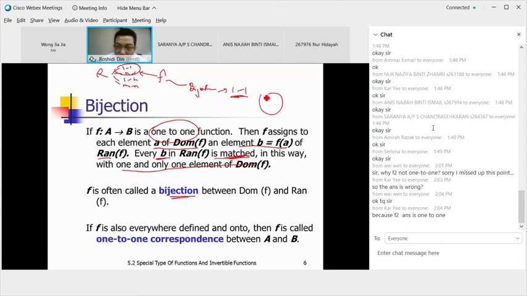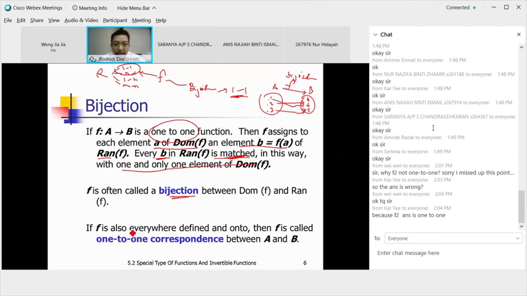For example, we have A here and B here. If here we have 1, 2, 3, here must also have 3 elements, for example A, B, C. If you map it like this, it is a one-to-one relation, so this is a bijection.